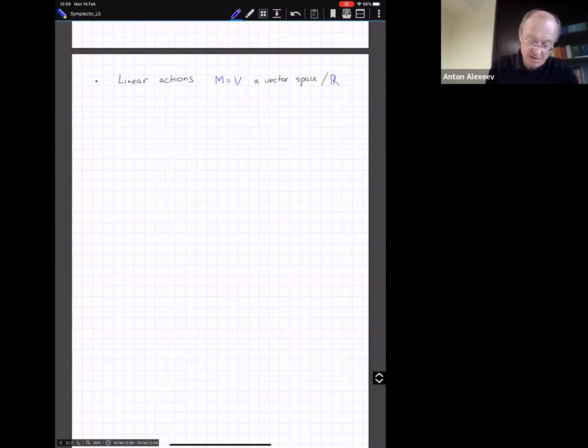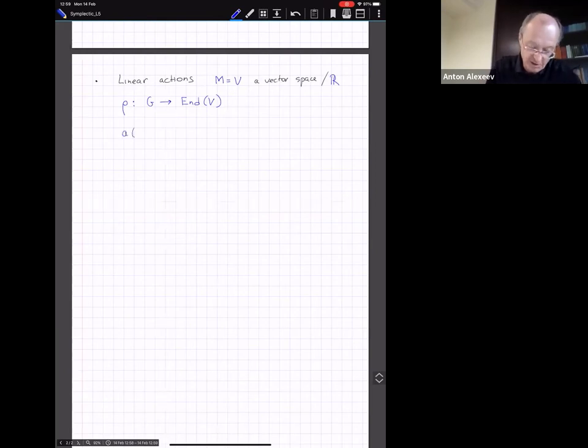So in this case, one can be a bit more specific of how linear actions look like. In particular, let's say rho will be a map from the group to endomorphisms of the space V, to linear maps from V to itself.